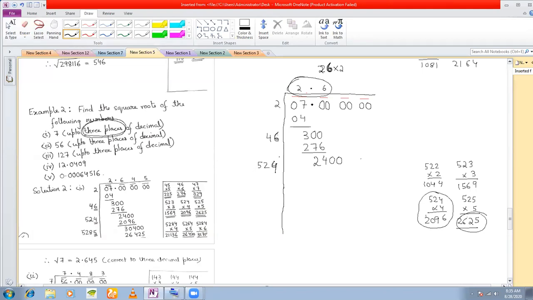Okay, and this 4 you write here also between the two zeros, and you see you get 2096, and then you subtract. So you get a 4, you get a 0, and you get 304. Now you bring down the third pair also. This pair you bring down.